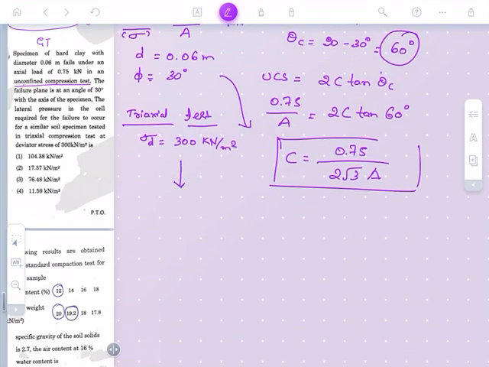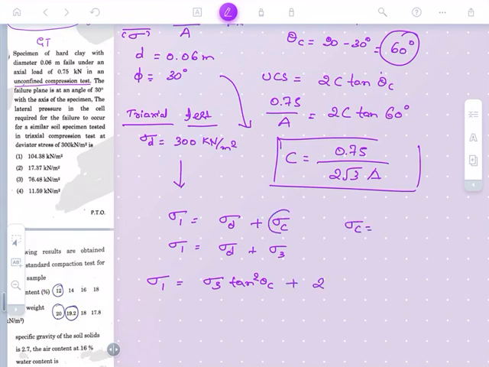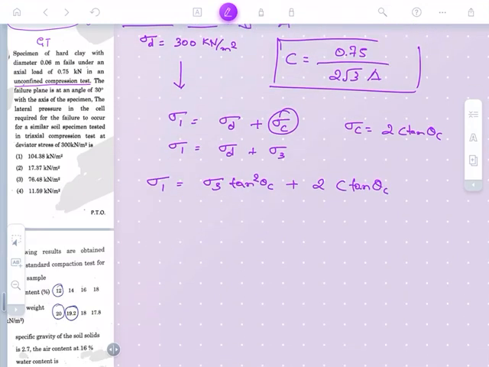Next, in the case of the triaxial test, I am moving on. We know the formula: sigma 1 is equal to deviator stress plus cell pressure. It can also be written as deviator stress plus sigma 3, where sigma 1 is equal to sigma 3 tan square theta c, the value of theta c we already know, plus 2c tan theta c.